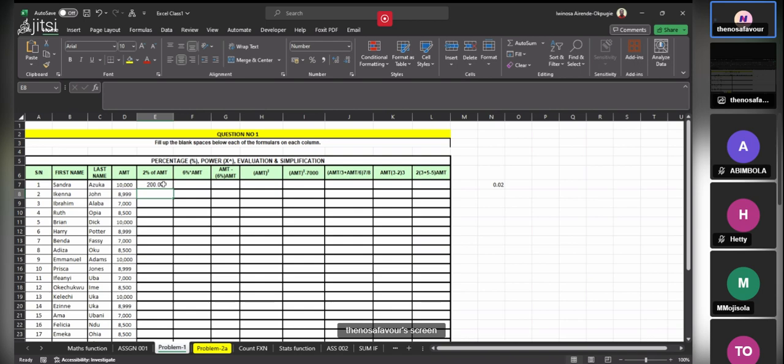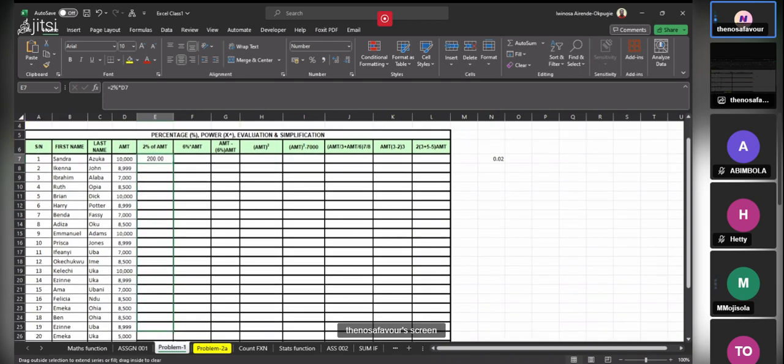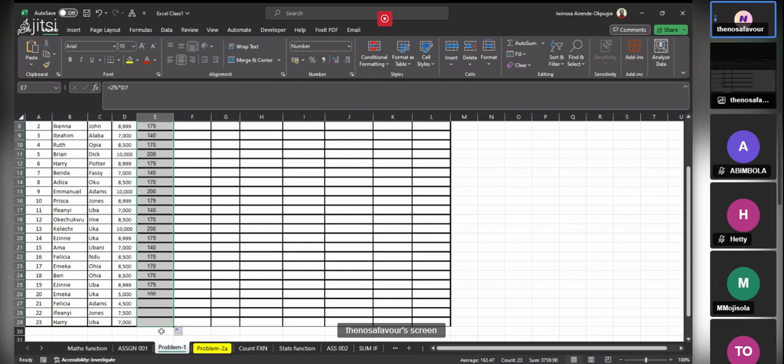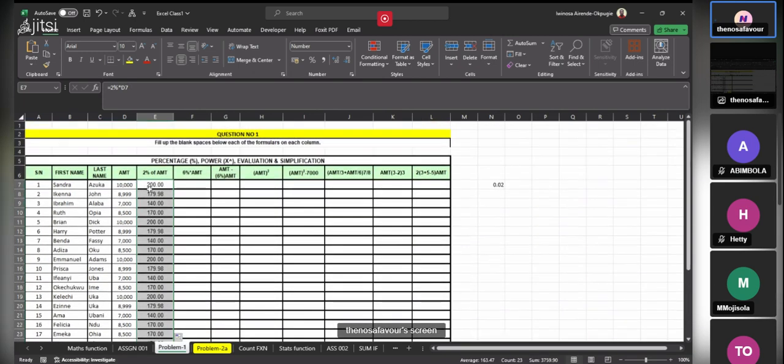So if I hit enter, good. It's as simple as that. If I drag down, I should get the 2% of each of the different amounts. All right, thank you very much, Mojisola.